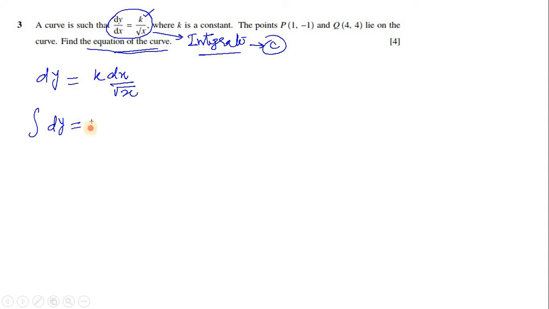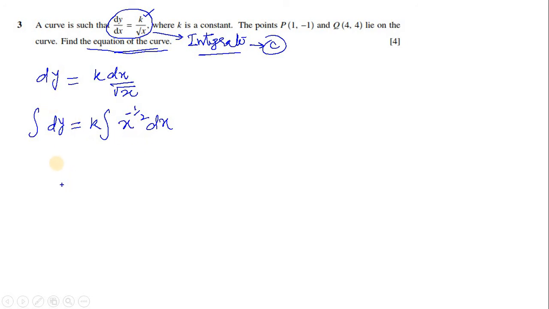K is a constant, so you can write it outside the integral sign, and then dx. Because we cannot integrate with something in the denominator, send this root x up. So you will write it as x to the power minus half dx. This is an intermediate form; if you wish, you can write it, otherwise you can do it directly.